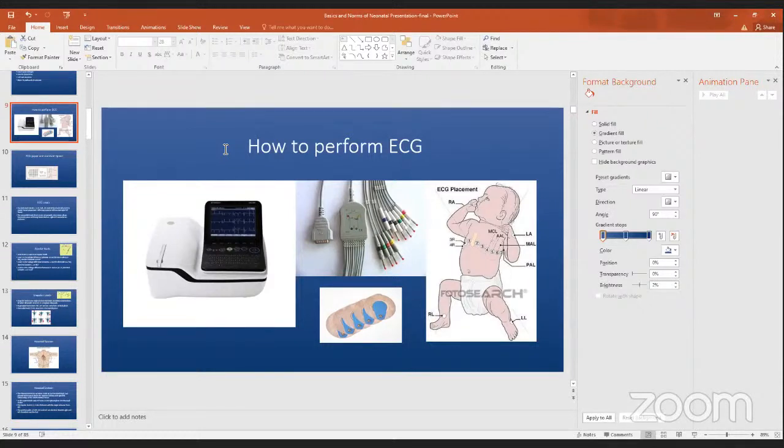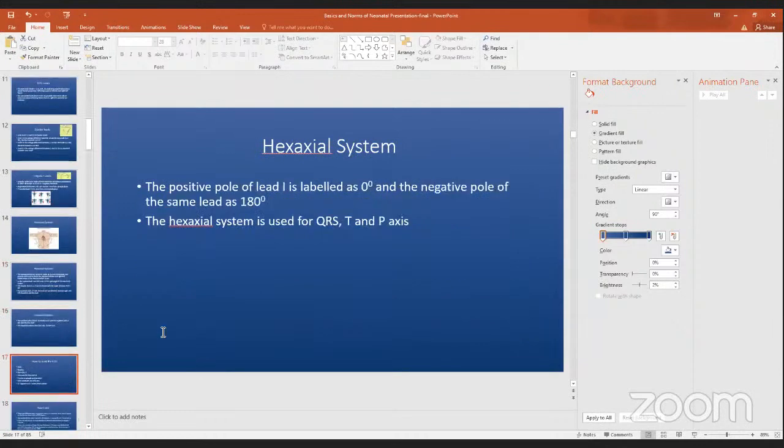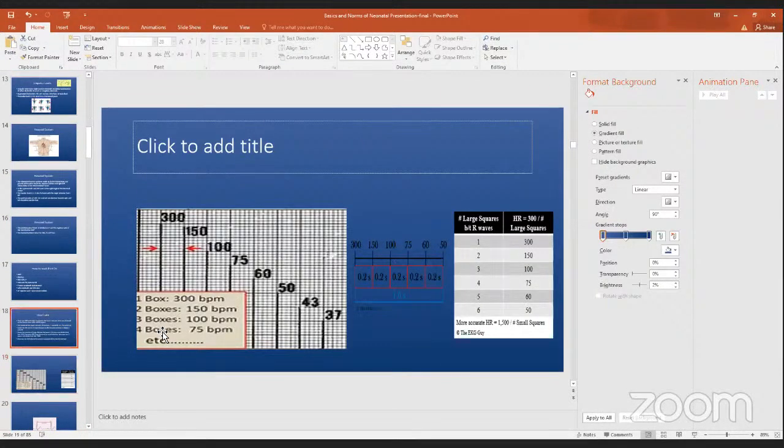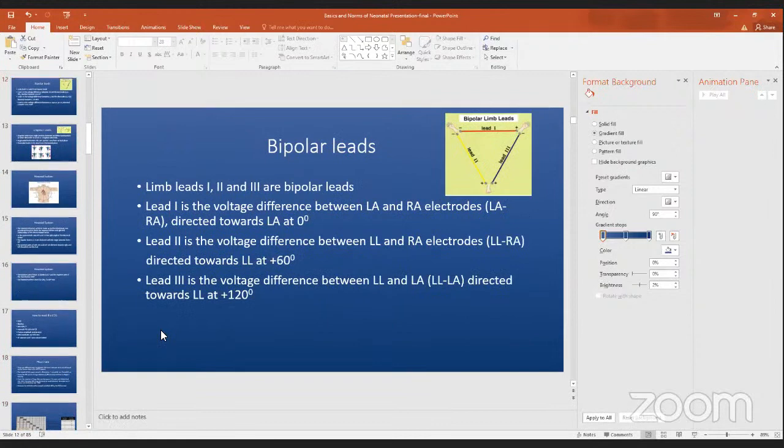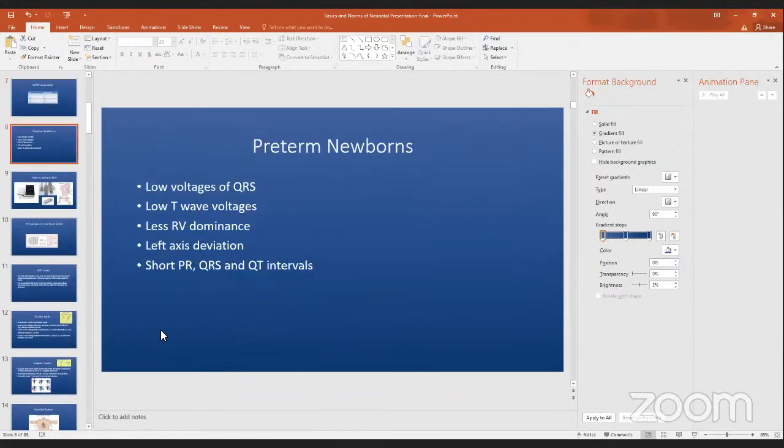There's a little bit of difference, as I mentioned before, that I'll show you. I've got the slides up there. Basically, in preterm newborns, the voltages of the QRS complexes are a little low, and there are low T wave voltages; everything is a little bit low.